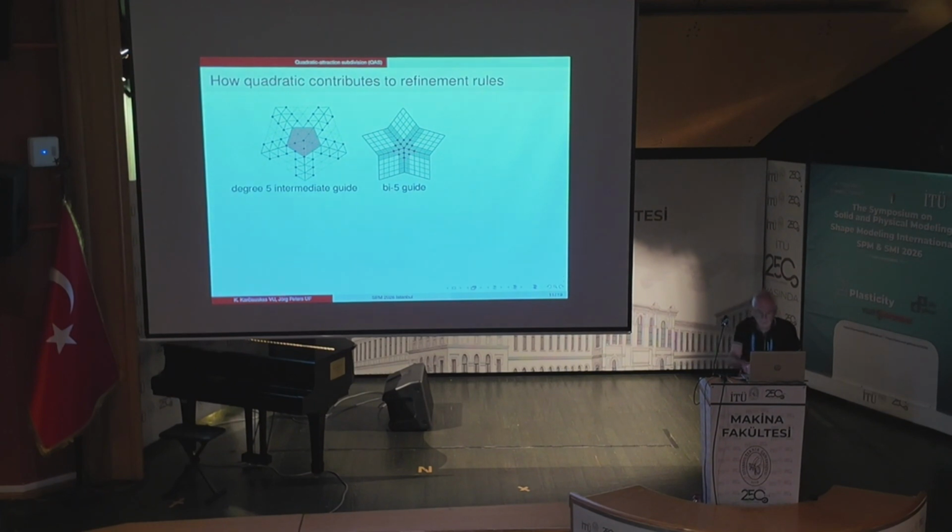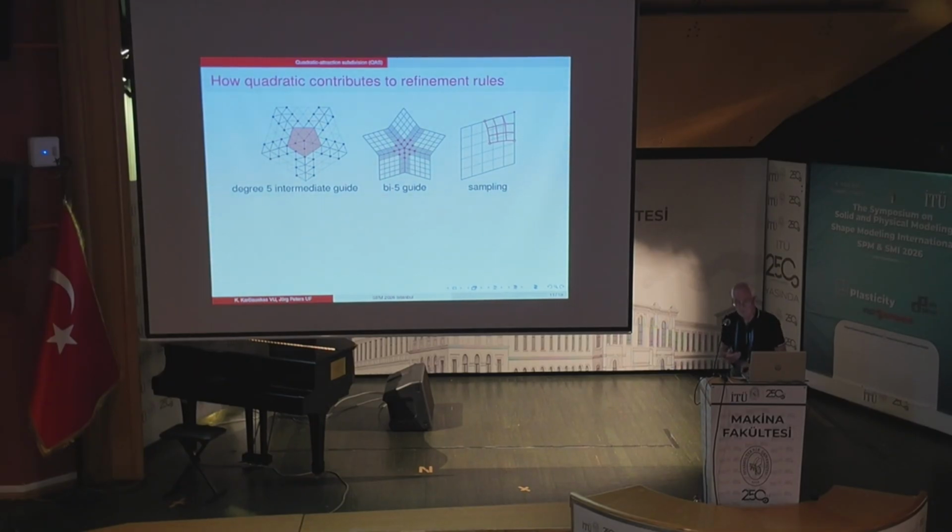And right now, also symbolic calculation. We sample this degree 5 guide. The obtained data is transformed to B-spline form, and so we get these new B-spline control points.